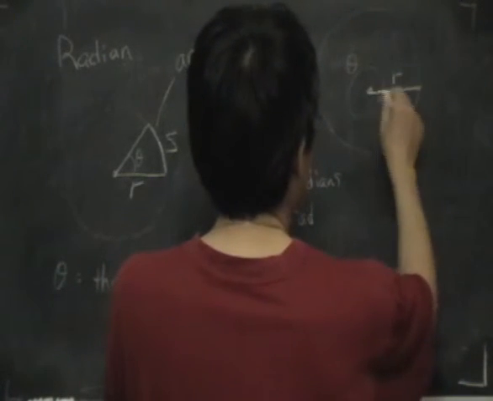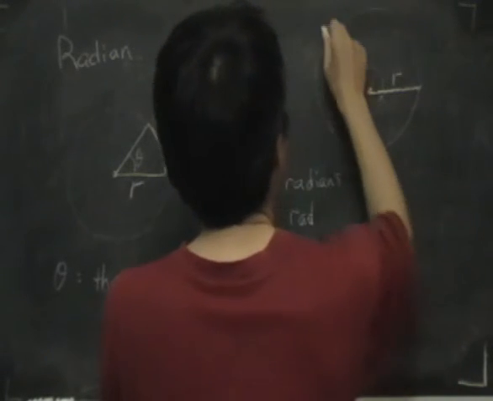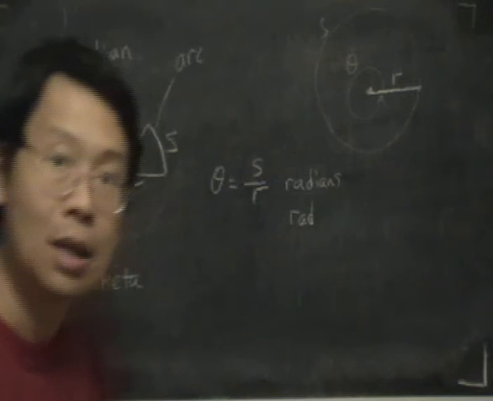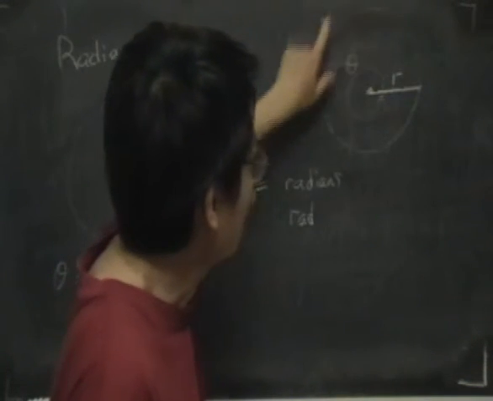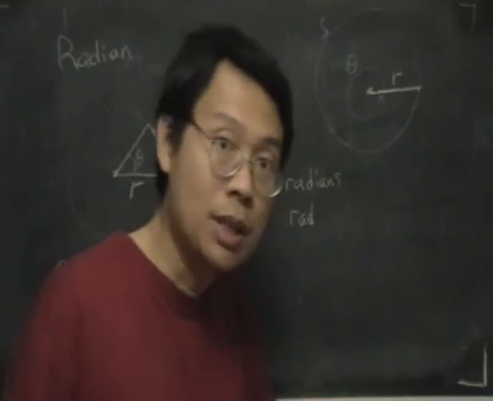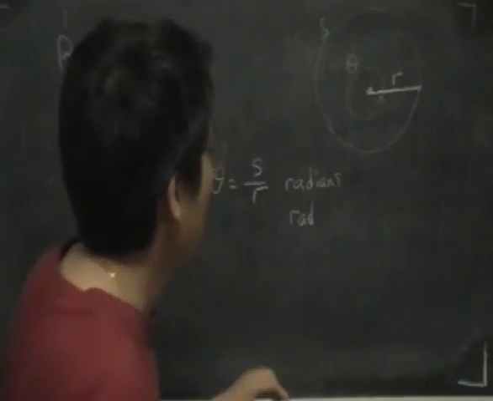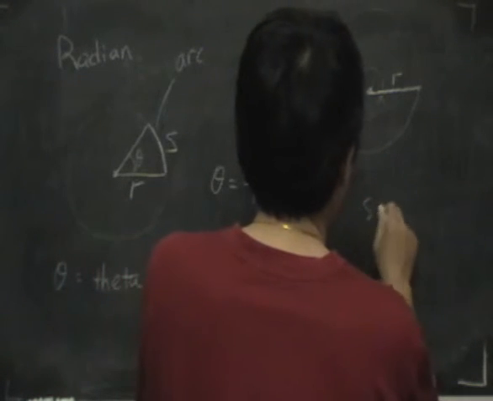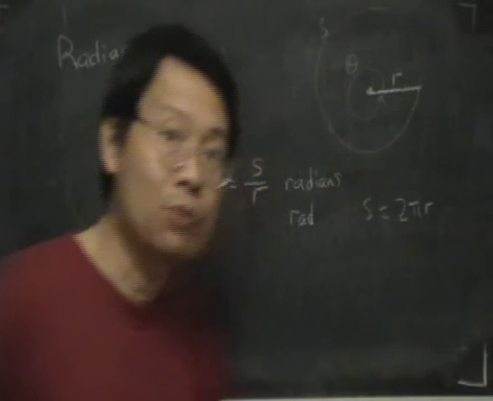Now if that radius is r, we can calculate the arc S, because the arc in this case is simply the whole circumference, since we are going one round. So S is 2 pi r, which is the formula for the circumference.